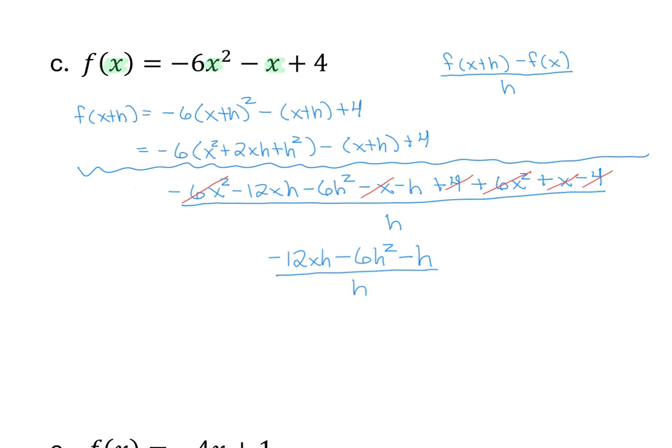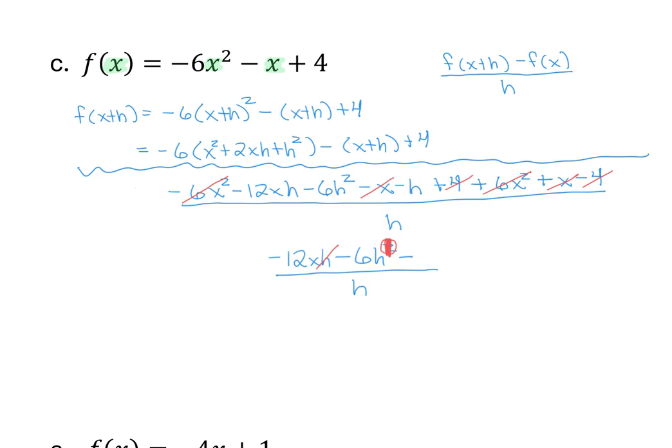All right, if we cancel an h from each term, the h goes away in the first one. In the second one, we are going to change this to an h to the first, and the h cancels out from the last one. Now be very careful with this last term, because remember what this is basically equal to is minus 1h.